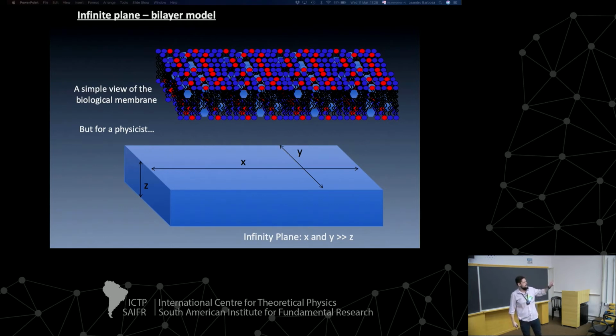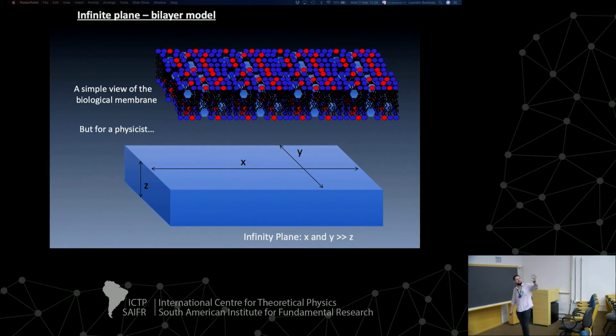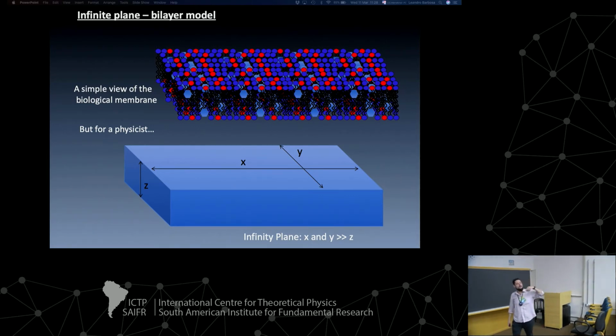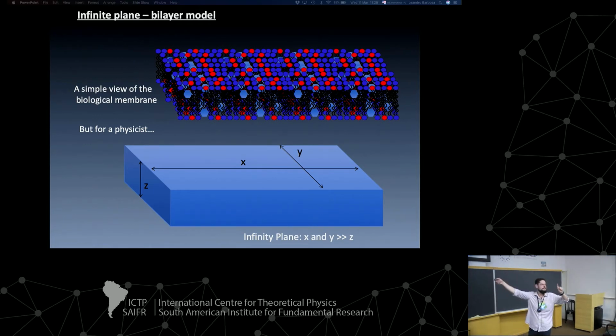We have the X position, the Y position, and the Z position. What is important is that the X direction and the Y direction are much larger than the wavelength of my X-ray. The Z direction, on the other hand, has more or less the same size as my wavelength, which means that from the X-ray point of view, I am only seeing the Z direction.